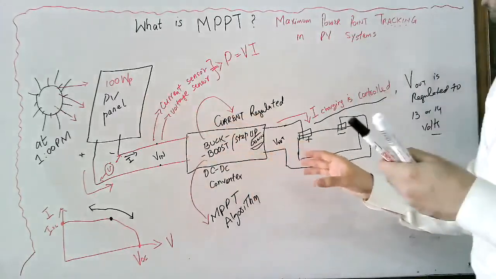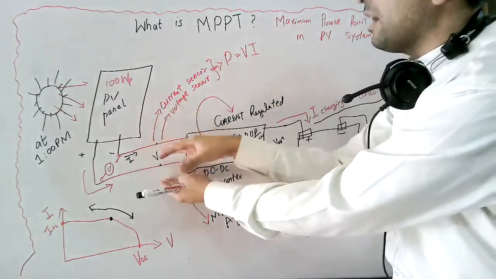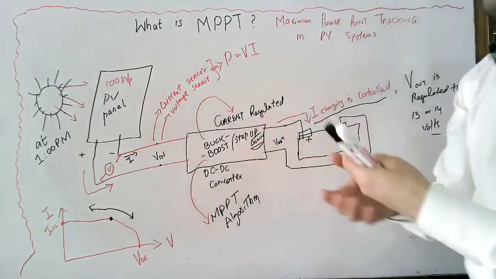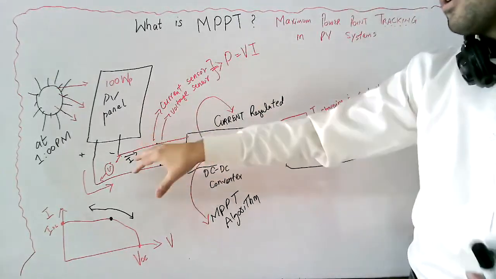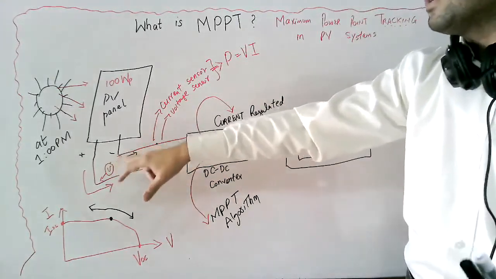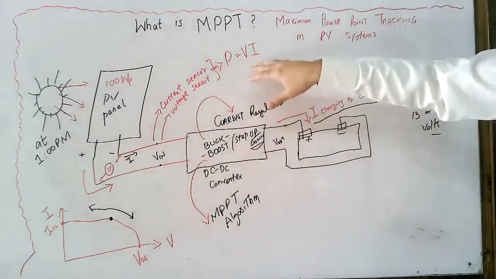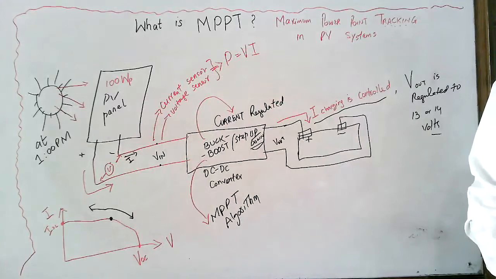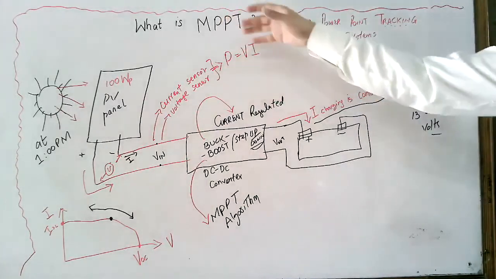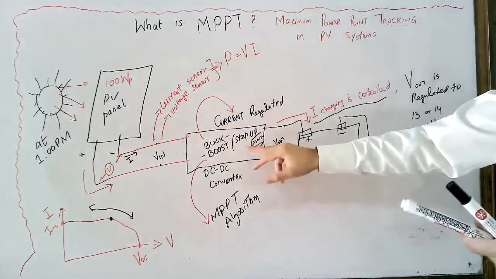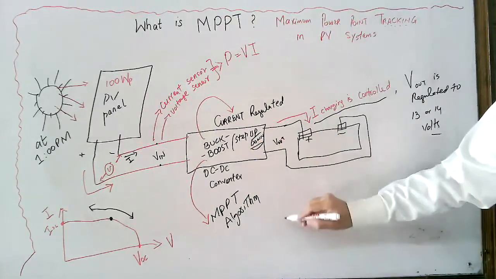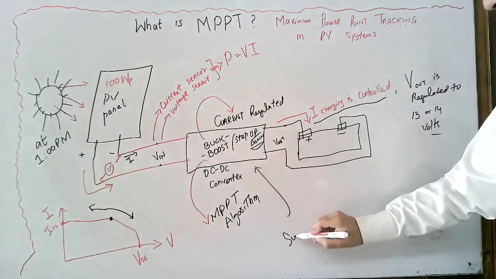But here, at the input side, we are looking for that value of the voltage and current such that the product P equals VI is maximum. This is what is known as maximum power point tracking, and this is actually the solar charge controller.